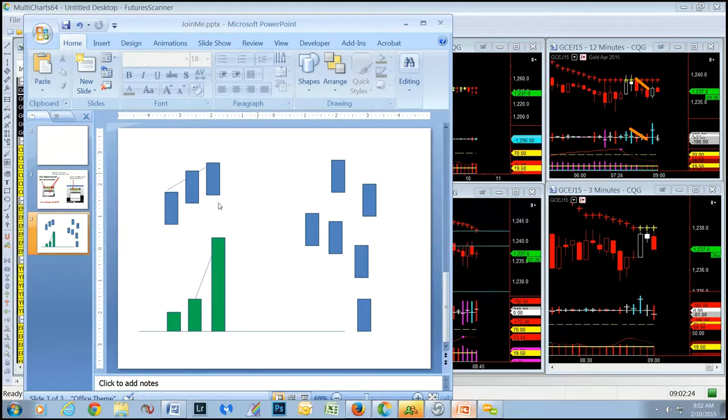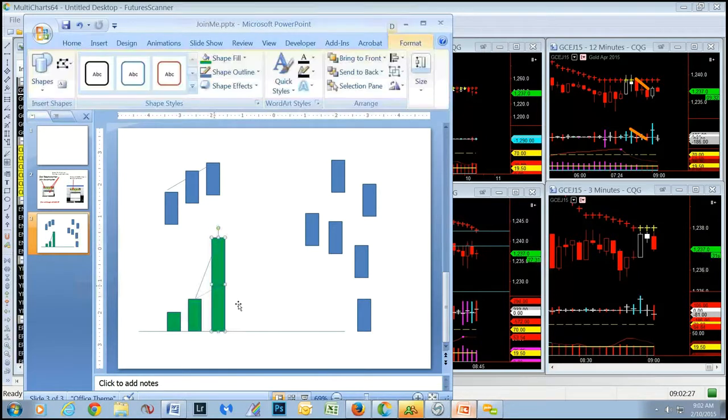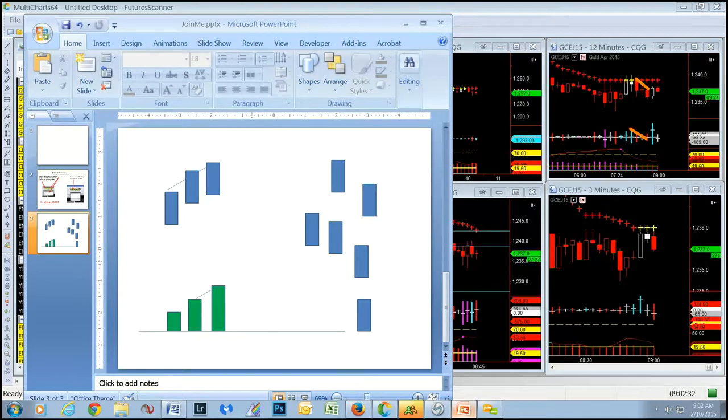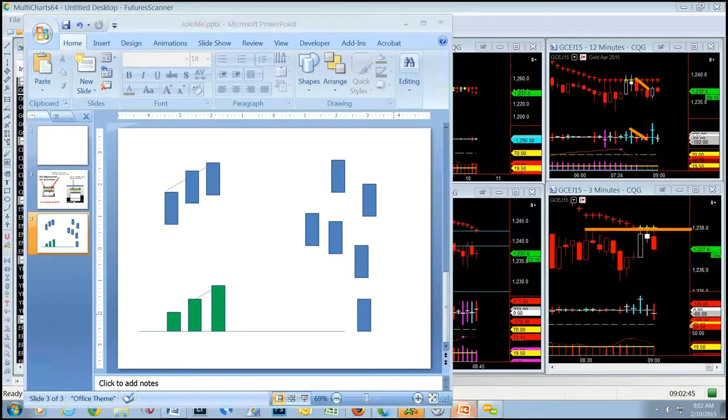That's the hardest divergence, okay? You just had a scenario on gold of just exactly what I just drew for you.